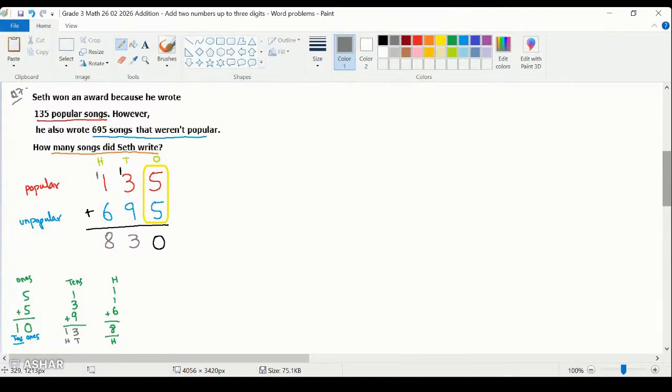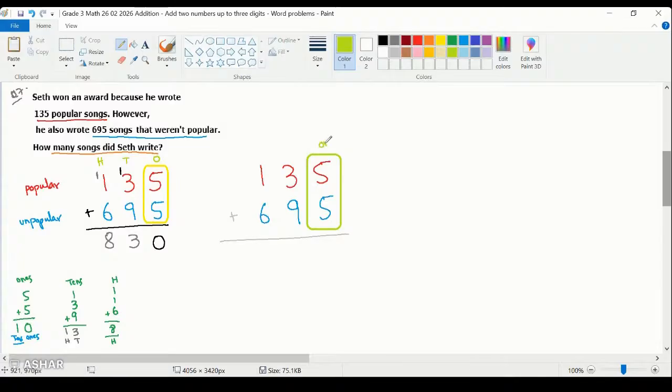Okay, what you are missing is, I'll do it again at the side. 135 is to be added to 695. Agreed? They were to be added together. When we are adding the ones together, how many ones are there?